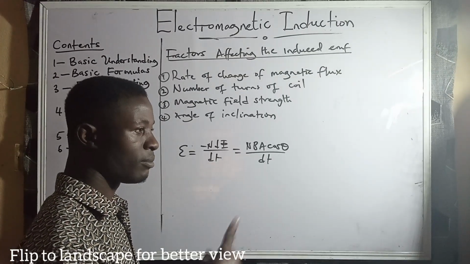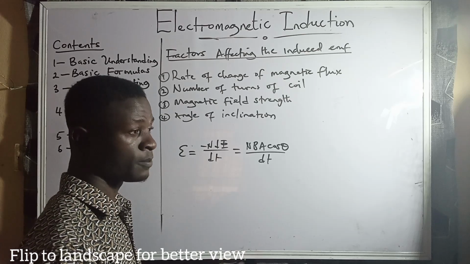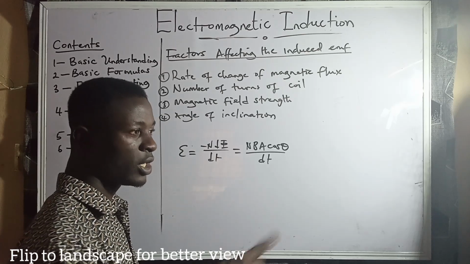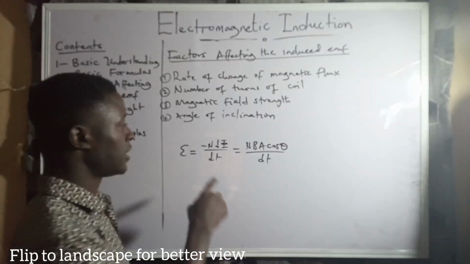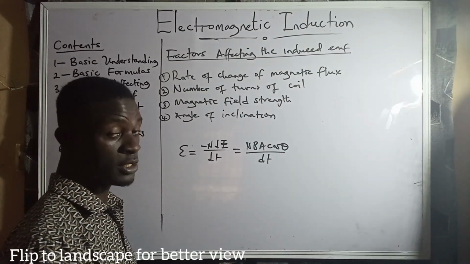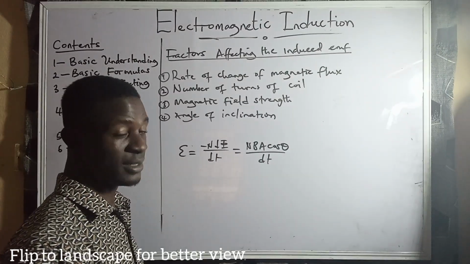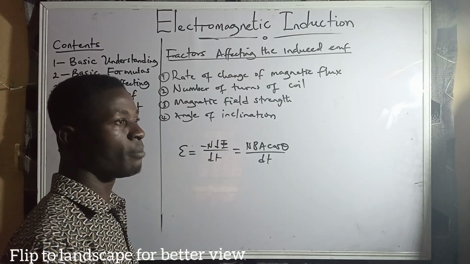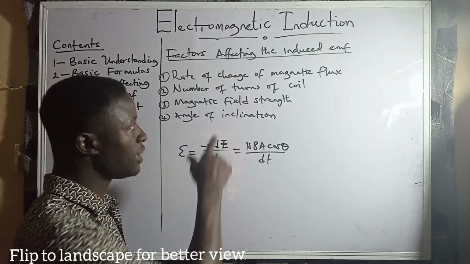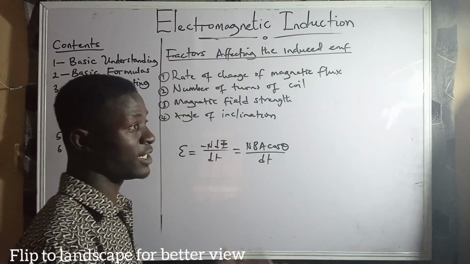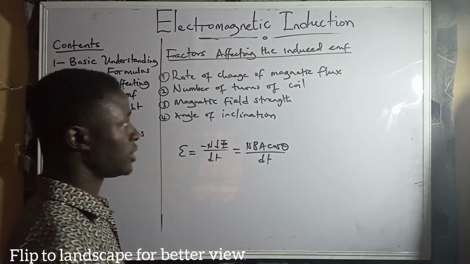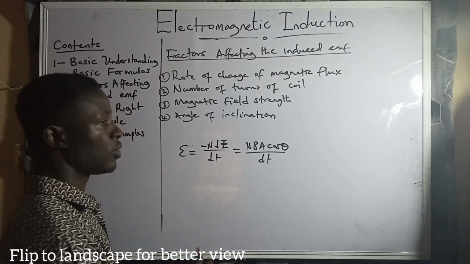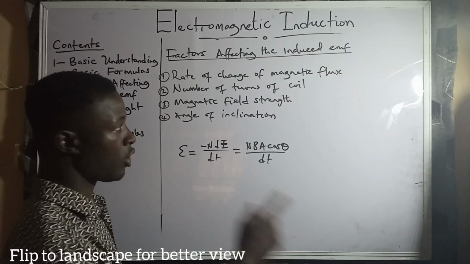So when the motion is very fast, moving close and moving out, or rotating very fast, then that gives induced EMF a chance to be induced more. So you have more induced EMF if the rate of change is very fast. The rate of change just means how fast the magnet is rotating or moving close or out of a coil.